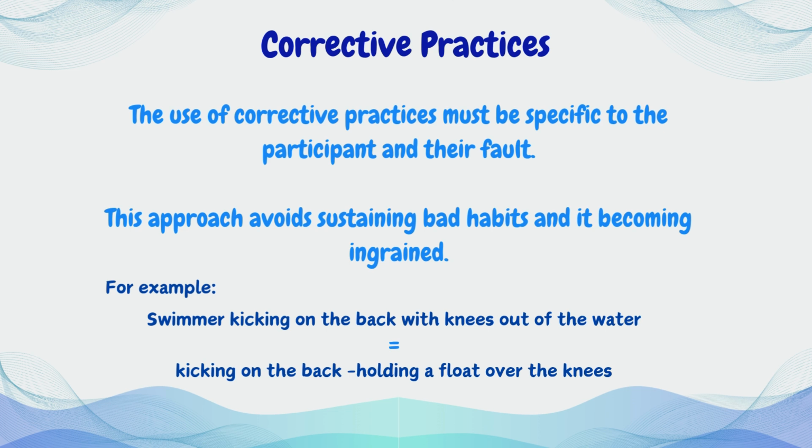This particular fault needs to be corrected to improve the swimmer's propulsion, improve streamlining and reduce resistance acting on the swimmer. To do this, we may get our swimmer to practice kicking on their back and holding a float over their knees. This is a good example of a corrective practice. You can learn more about these in our stroke-specific corrections CPDs.